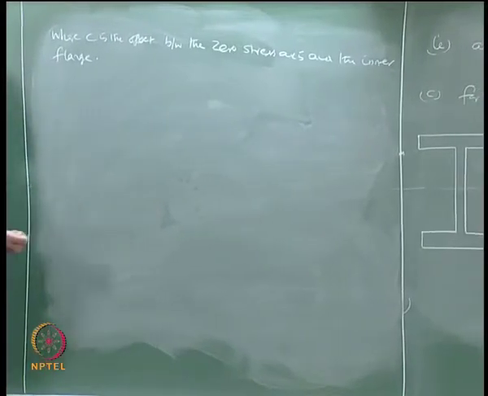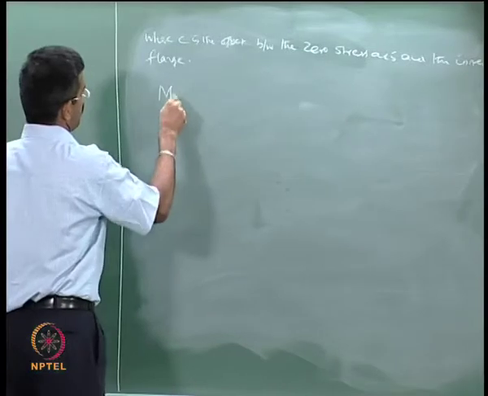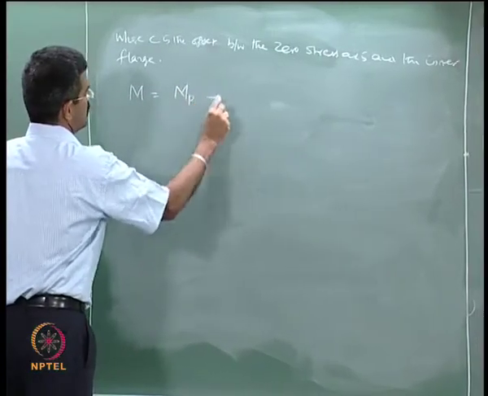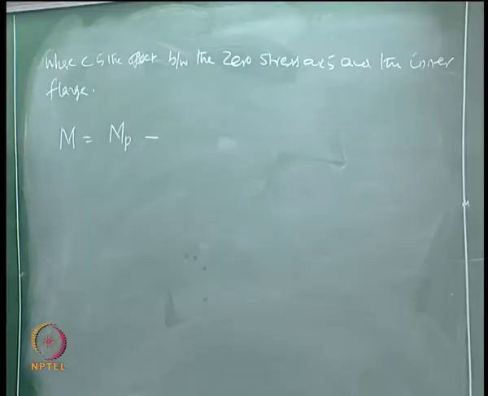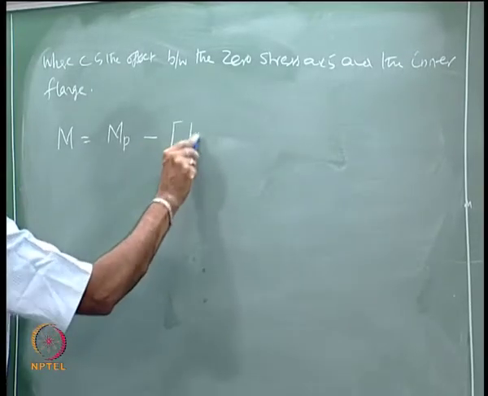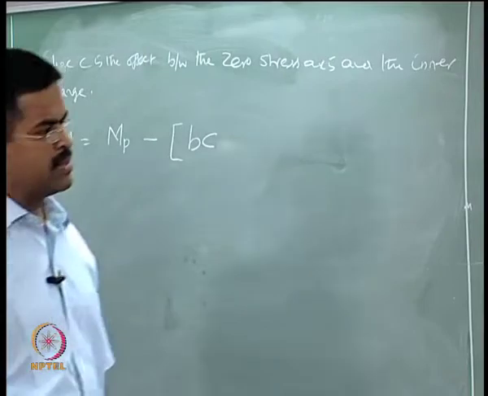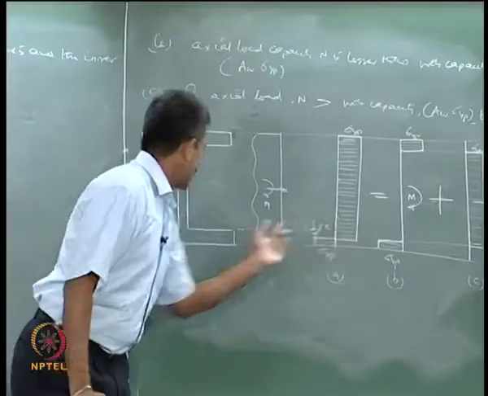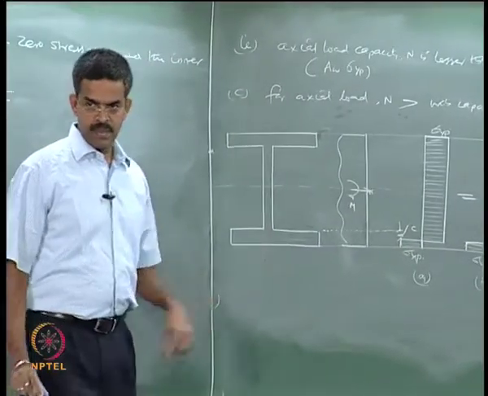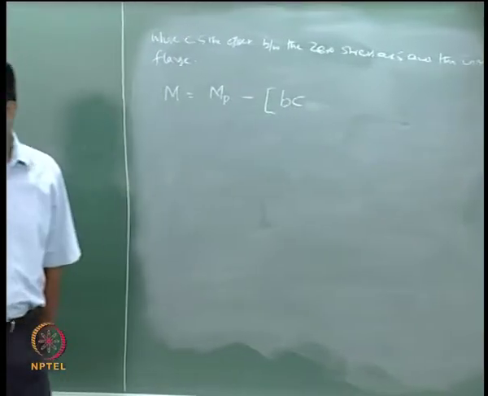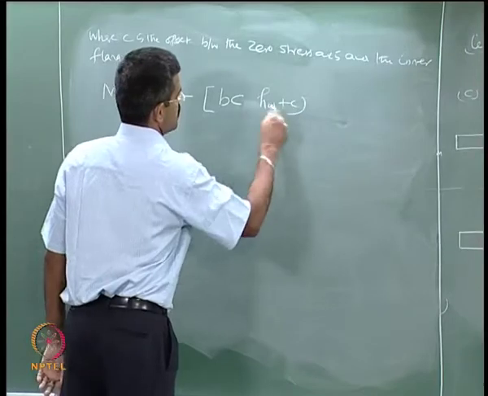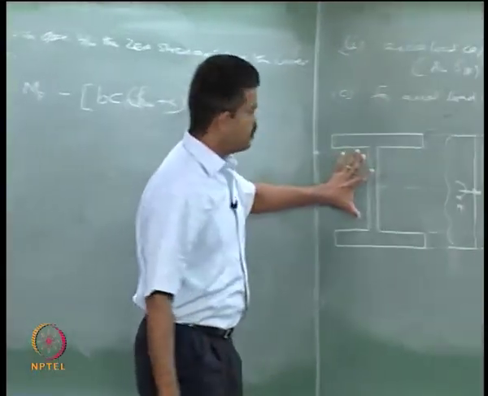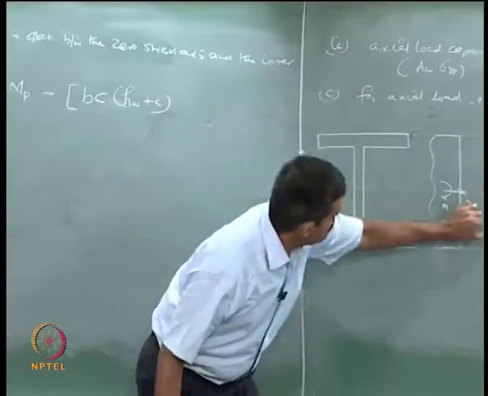So, in this case now M will be equal to MP minus, as we did in the last case, BC, because this is C and the width at that is B. So BC into HW plus C, is it not, because this is HW, the height of the web, and C is added to it.